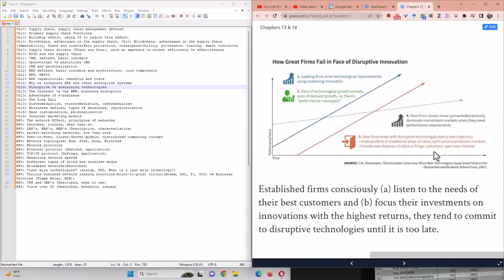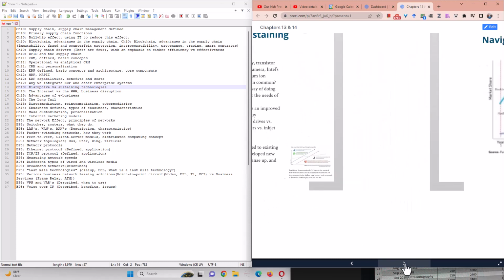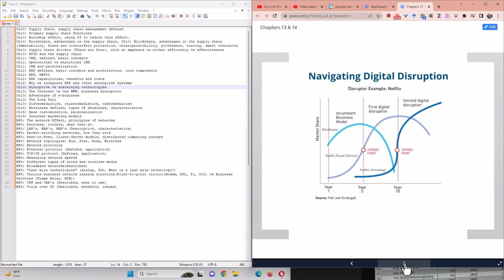It is not unusual for companies to listen to the needs of their best customers and focus their investments on innovations with the best returns, which typically are sustaining technologies, and often to be undercut by disruptive technologies, for example Blockbuster versus Netflix.